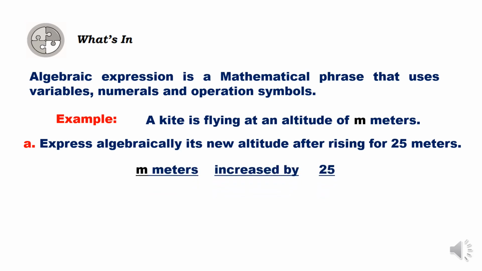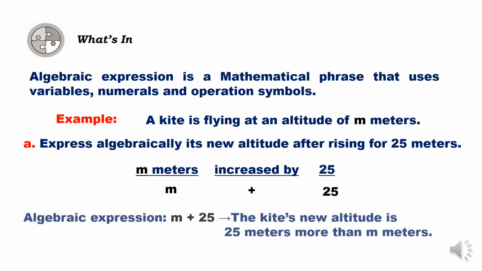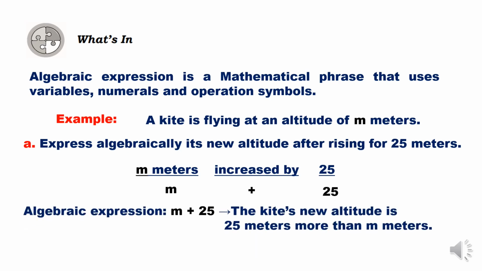So that is m meters increased by 25. M meters, increased by, plus sign, then 25. Algebraic expression: m plus 25. The kite's new altitude is 25 meters more than m meters.